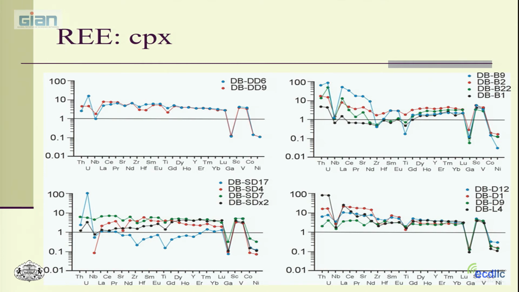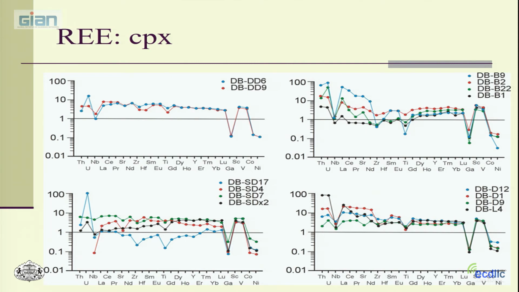But again, the enrichment is not similar everywhere. Here it is going almost to 100 times the primitive mantle, whereas over here it is only 10 times. And here you can see some spikes. Probably it's not very correct data.